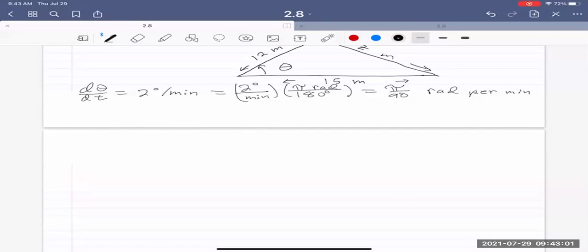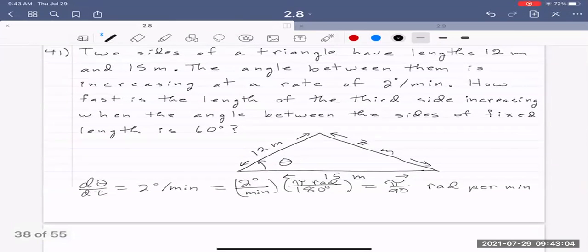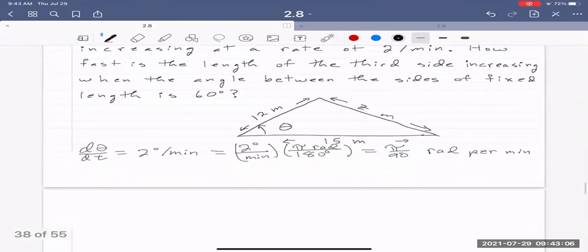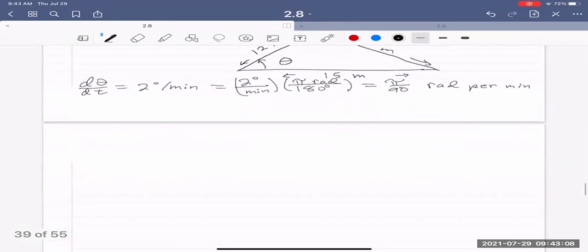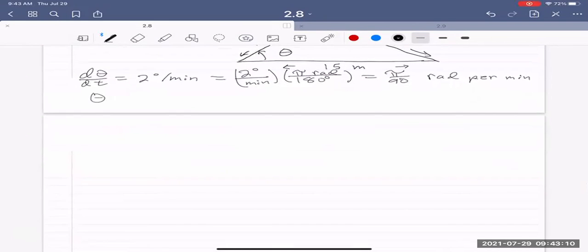Okay. We want to figure out dz/dt when theta is 60 degrees. I probably actually don't even need to convert that, but I will. And so 60 degrees, of course I already did this before, but it's pi radians over 180 degrees, which is pi over 3 radians.